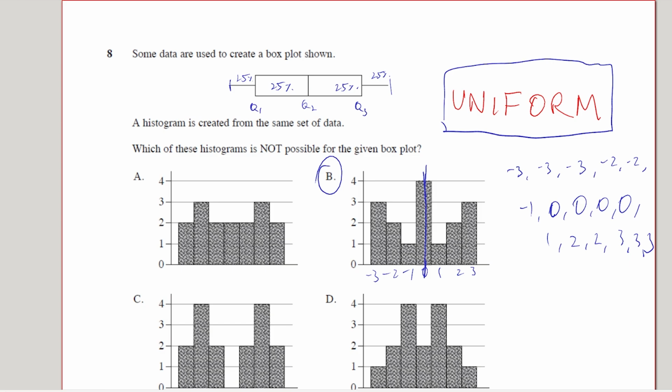So the box plot shows that 25% of the data lies here, here, here, and here. It's uniform. Which means that the density, when I talk about density, what I mean is if you had to take this 0 right here, and times it by how many zeros there are, 4 times 0 is 0. Okay, so it's going to distribute evenly across here.